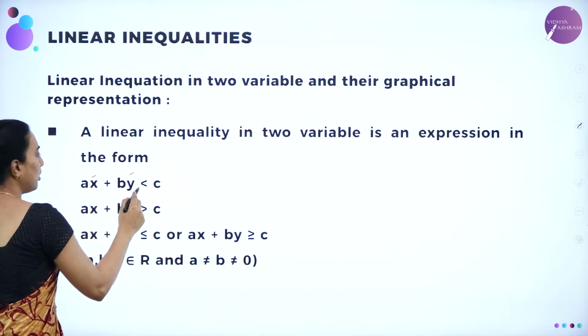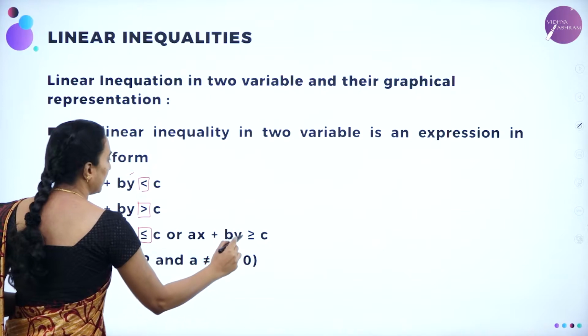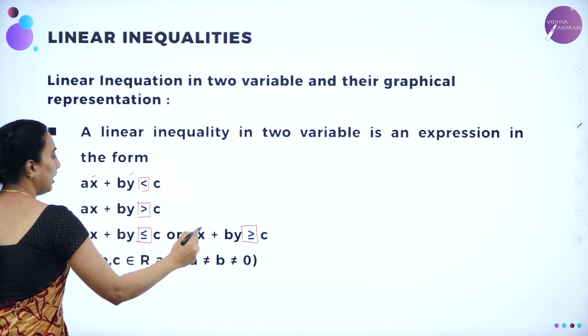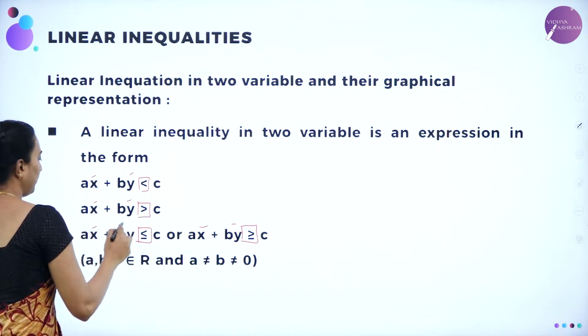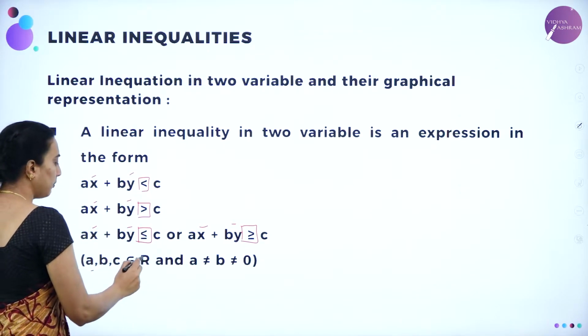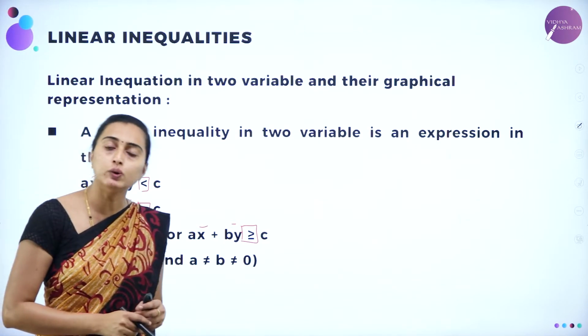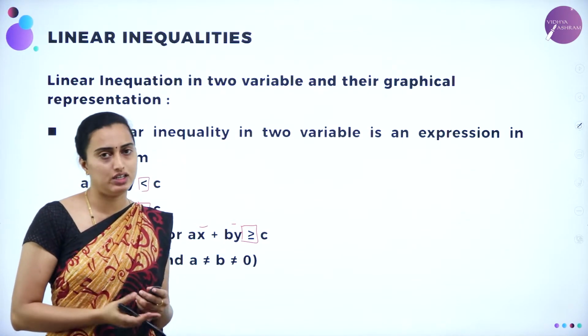Here you need to observe less than, greater than, less than or equal to, greater than or equal to. Here a, b, c belong to the real numbers, and a and b should not be equal to 0.